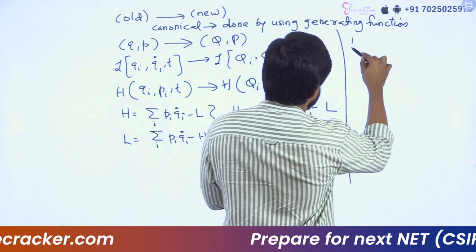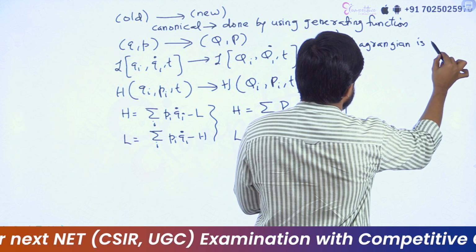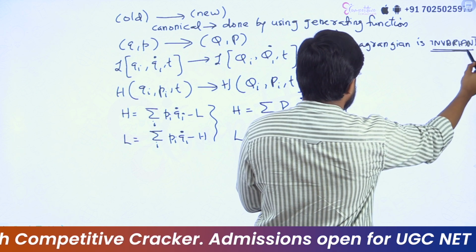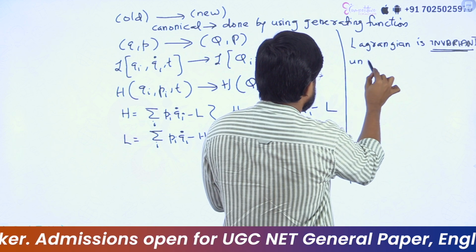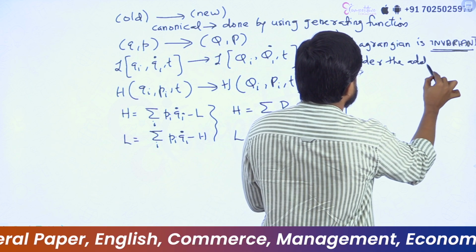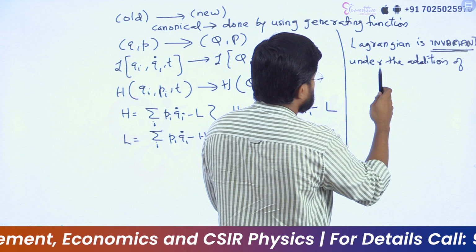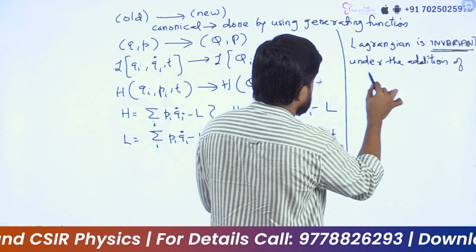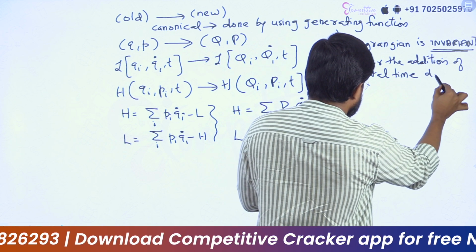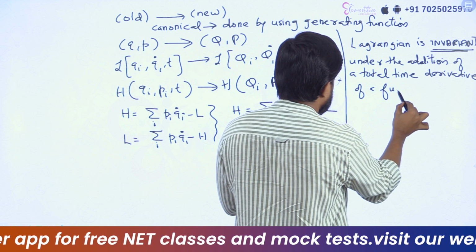So in the canonical transformation, what is the speciality? In the canonical transformation, the Lagrangian is invariant under the addition of a total time derivative of a function, that we know.